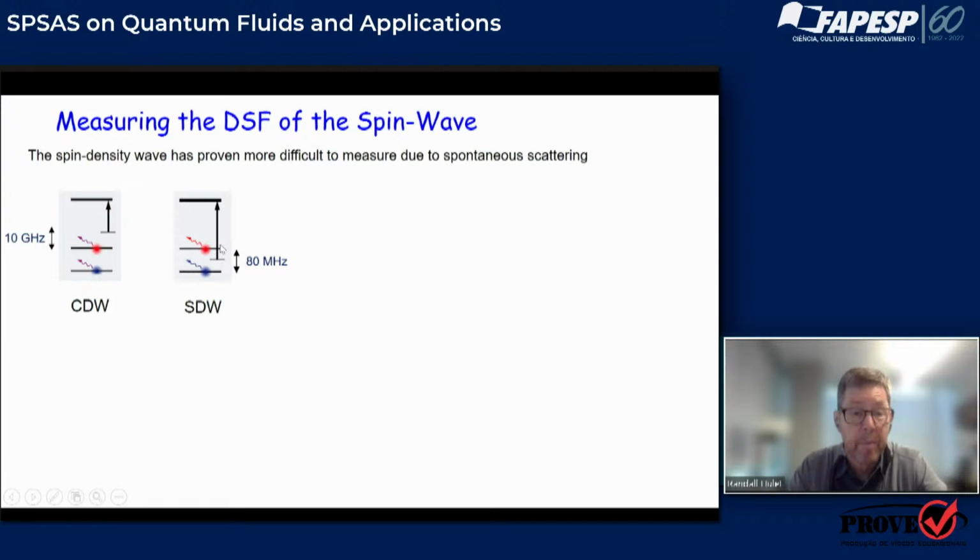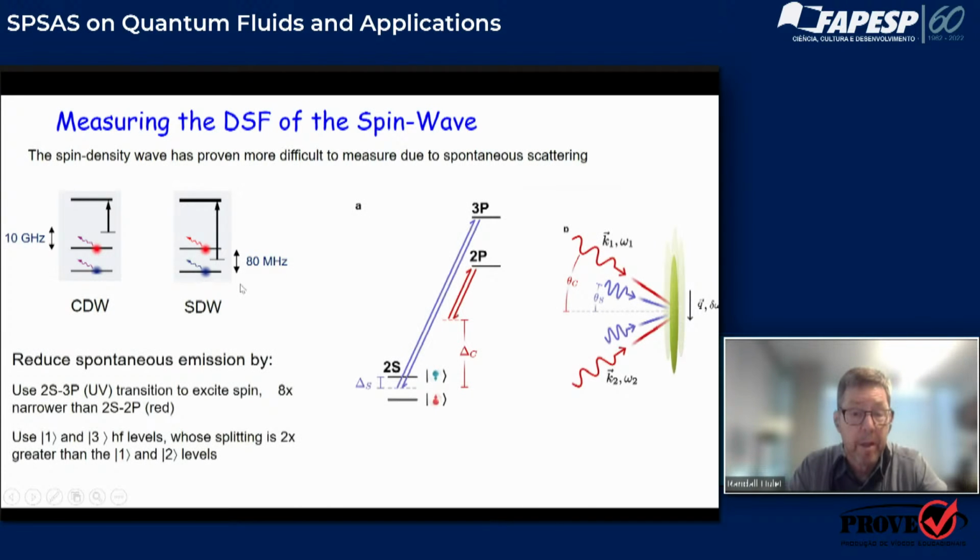So there's a lot of spontaneous emission, and the spontaneous emission causes heating. And so we were unable to actually show the spin charge separation because we could not measure the spin density wave. We could only measure the structure factor for the charge density wave. So we came up with an idea.